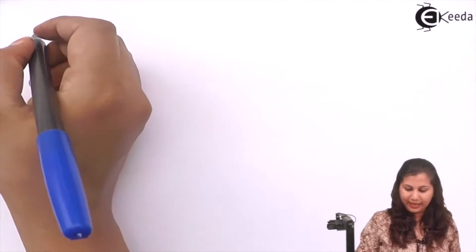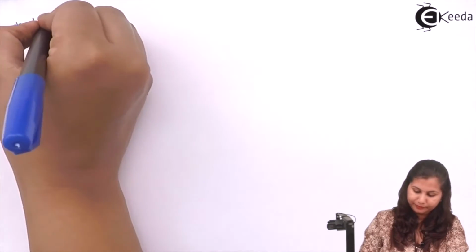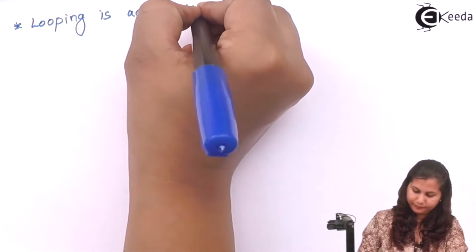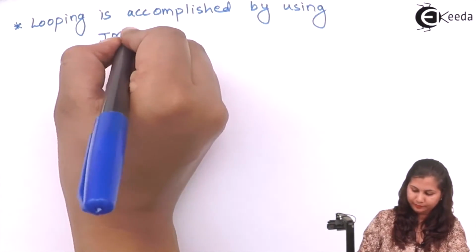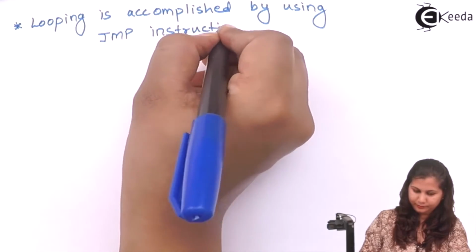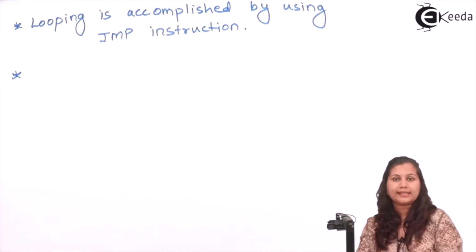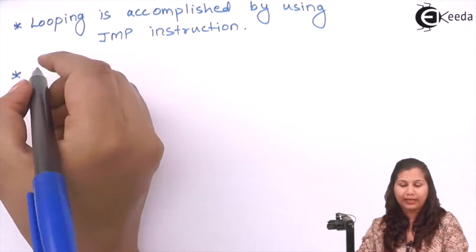So you have seen that looping is accomplished by using the jump instruction. Now the loops which are set up in 8085 can be classified into two categories.